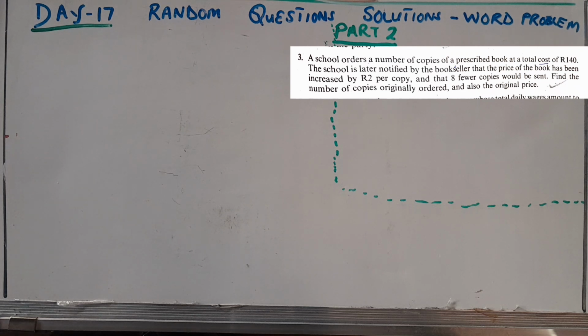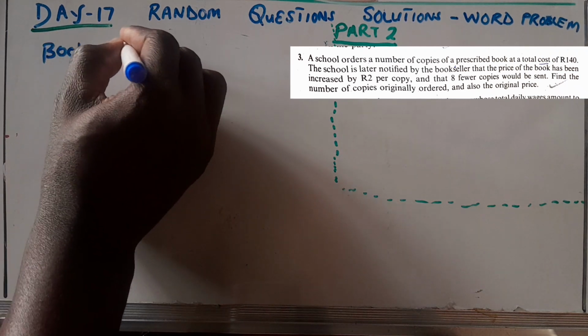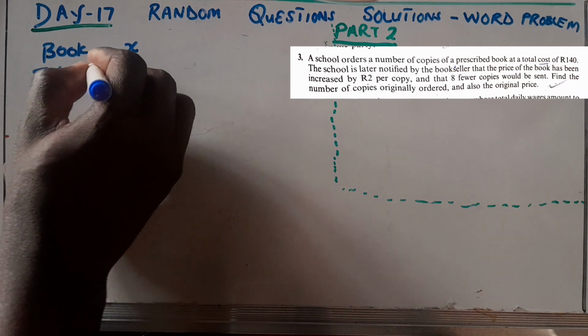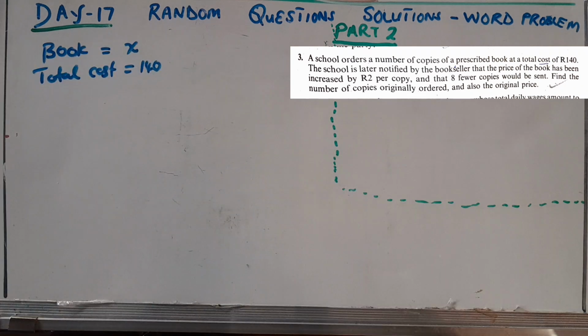So the question we are having now is saying that a school orders a number of copies of a prescribed book at a total cost of 140. So how many books did they order? The number of books is just X, but the total cost will be equal to 140.